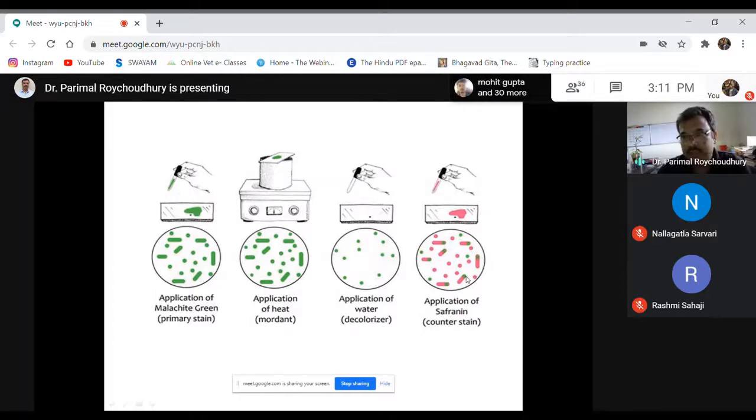The spores are present at the terminus of the bacteria, at one end, and they are bulging and round, looking like a drumstick, a stick with a bulb at one end. We call them drumstick bacilli. That special structure helps us in identification of the bacteria in the clinical specimen.